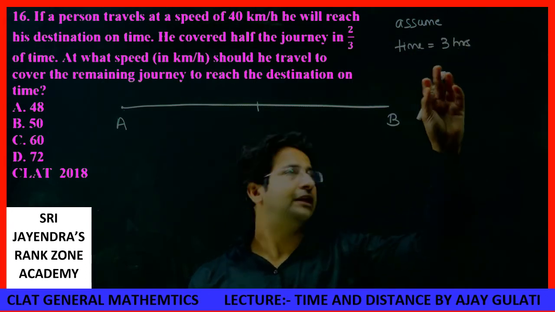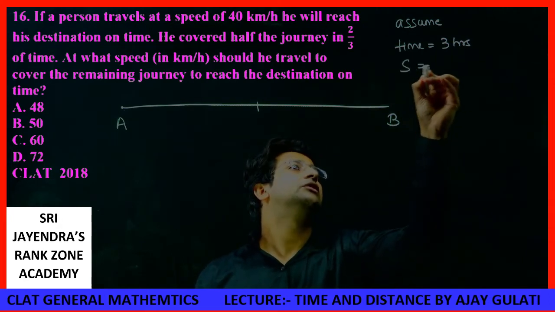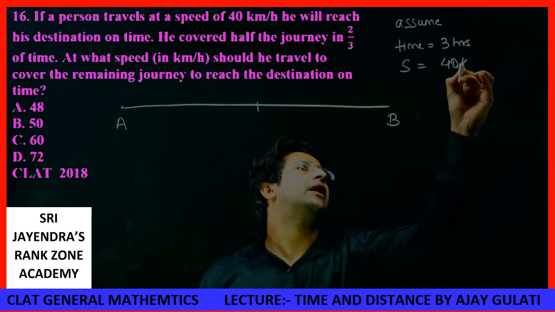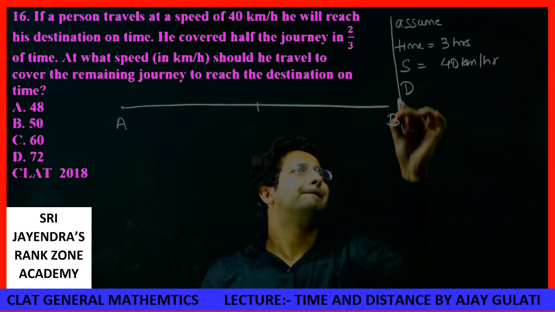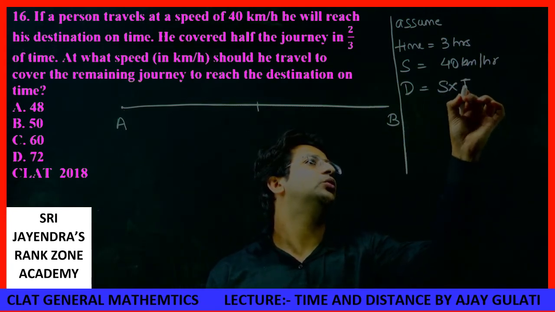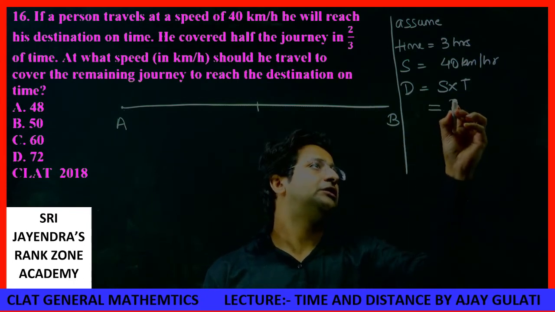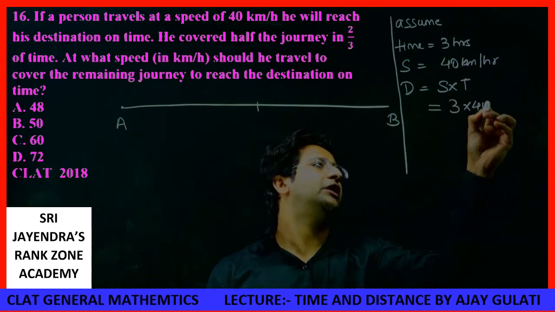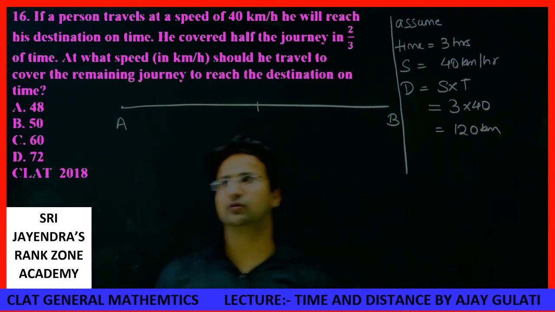He estimated 3 hours, and speed is 40 km per hour. So what will be the distance? This distance will be speed into time. Speed into time will give me 3 into 40, 120 km. Let's say this distance was 120 km.